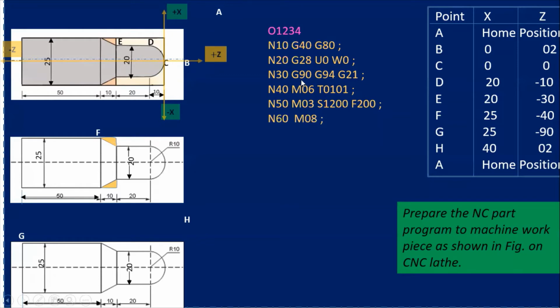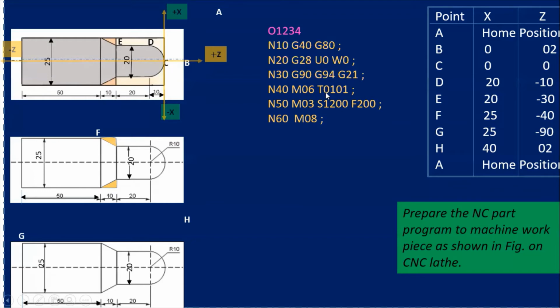G90 is the absolute positioning system, G94 is the feed rate in per minute, and G21 means we are writing the programming in the metric system. Then the next block is N40: M06, tool change.